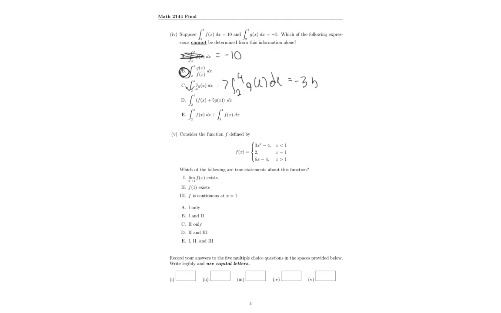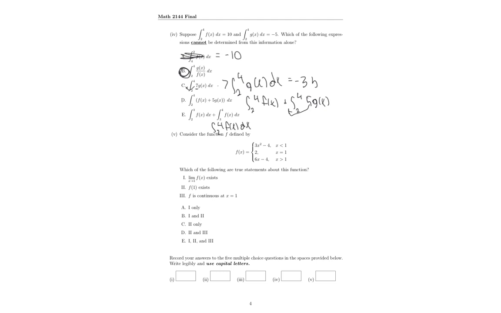So if you have two things added together in your integral, you can break it into two different integrals. That's what the linear thing means. Then you can move the 5 out front and evaluate that one. And the other thing, the integral from 2 to 3 and 3 to 4, we can just combine into one from 2 to 4. And we know that one. So you can find all of these but B. So the answer there is going to be B.